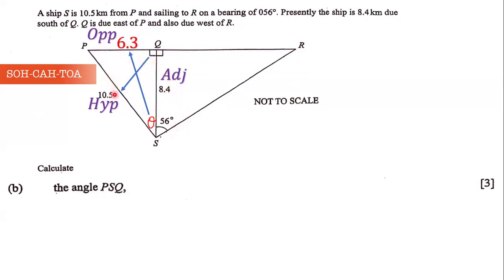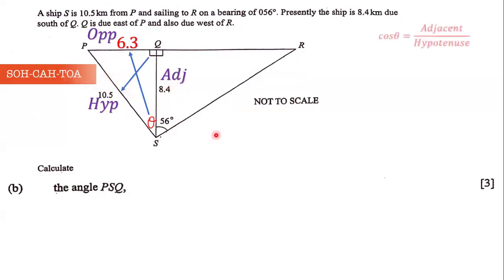Since we have all three sides, we can use any one of the three trig ratios, but I want to use the trig ratio that uses the sides that are given. So the hypotenuse is given and the adjacent is given. So I'm gonna use tangent.